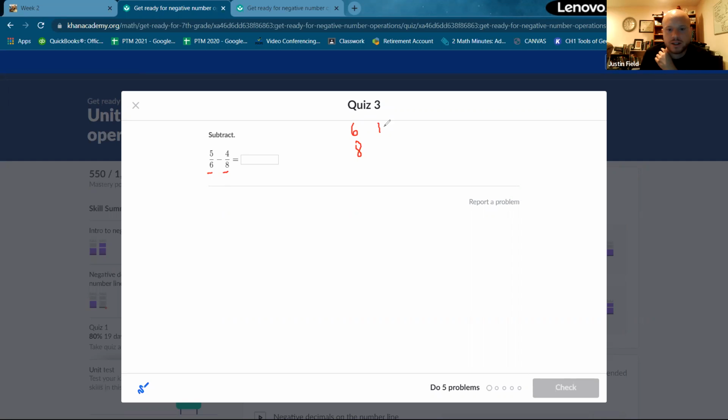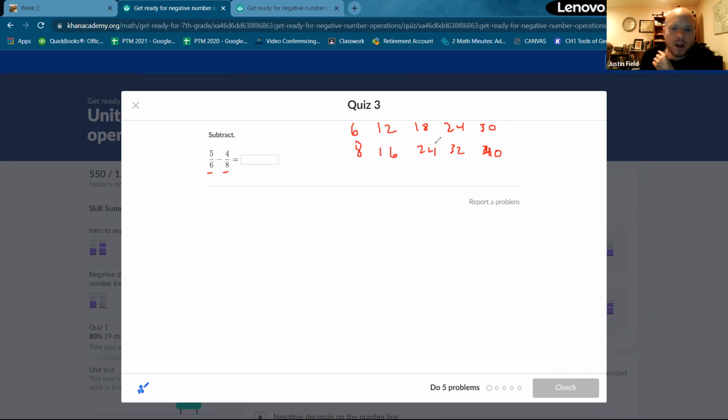Counting by sixes. So 12, 18, 24, 30, and then 8, 16, 24, 32. It could go 30, 40.